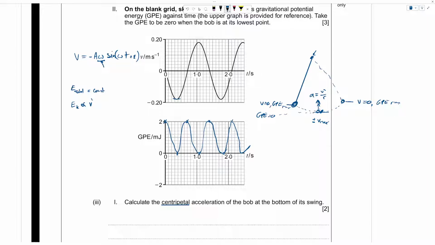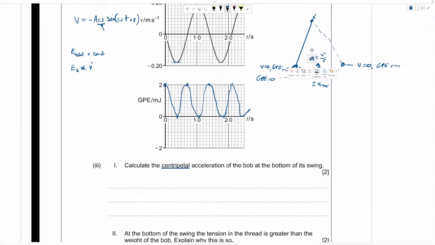So we've got to be really, really careful here that we don't confuse this centripetal acceleration with the acceleration of the bob back towards its equilibrium position. So basically don't confuse this acceleration with this one. They are not the same thing. So for calculating this centripetal acceleration, we'll use v squared over r.